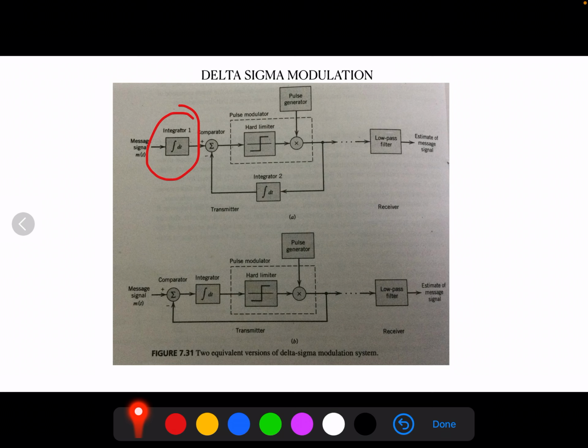So, it also provides an interesting interpretation of delta sigma modulation as a smoothed version of 1-bit pulse code modulation. The term smoothed refers to the fact that the comparator output is integrated prior to quantization, and the term 1-bit merely states that the quantizer consists of a hard limiter with only 2 representation levels.